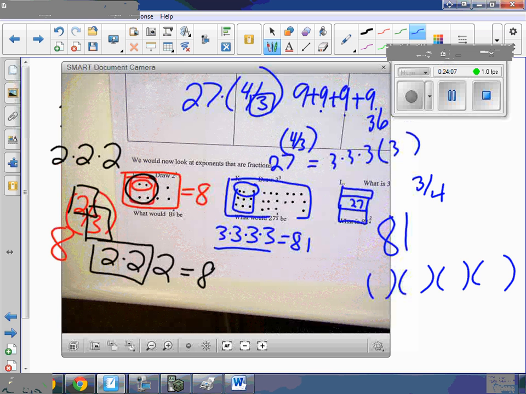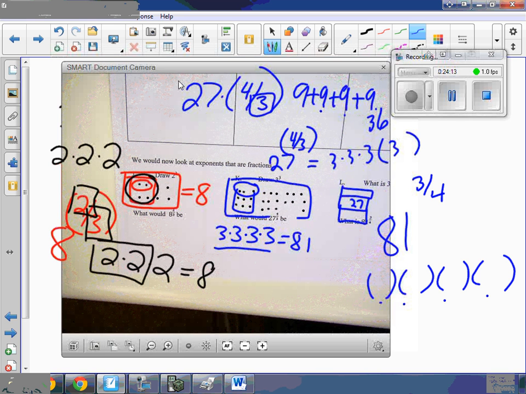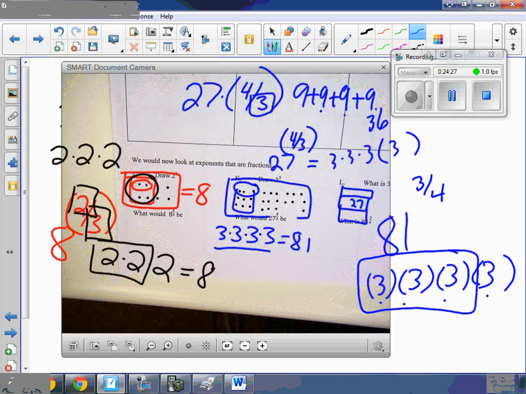Is there a number that we can put in all of those spaces to equal 81? 3, 3, 3, 3. How many of those 3s am I going to keep? 3 of them, because it's 3/4. So what is 3 times 3 times 3? 27.